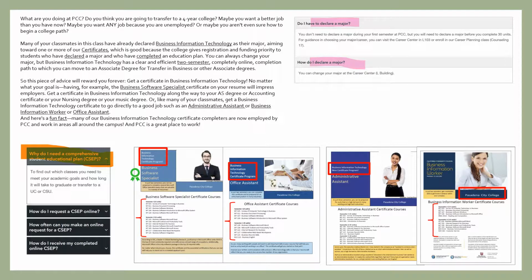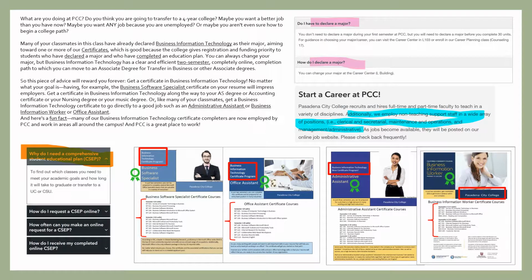Get a certificate in Business Information Technology along the way to your AS degree or accounting certificate or your nursing degree or your music degree. Or, like many of your classmates, get a Business Information Technology certificate to go directly to a good job, such as an administrative assistant or business information worker or office assistant.